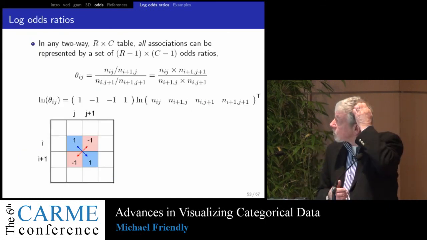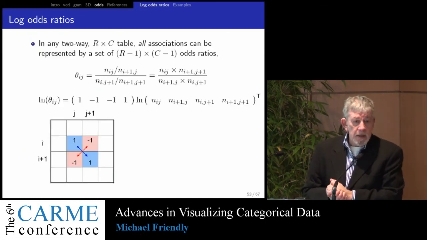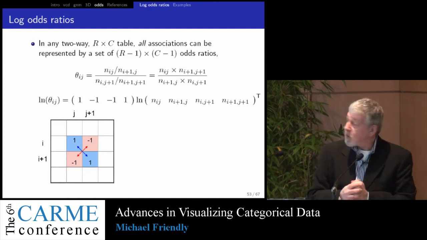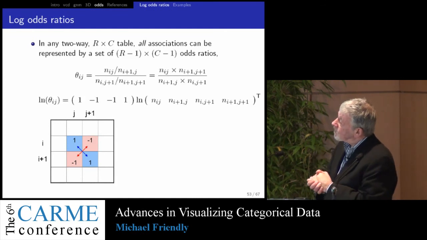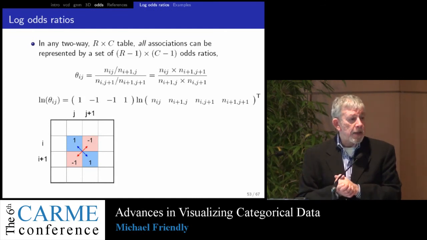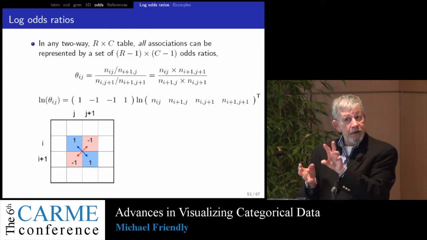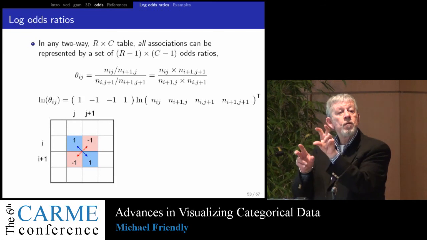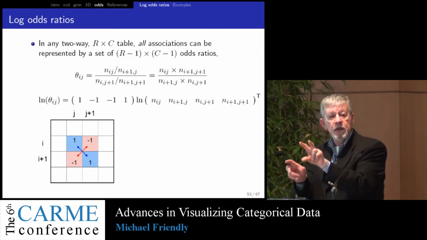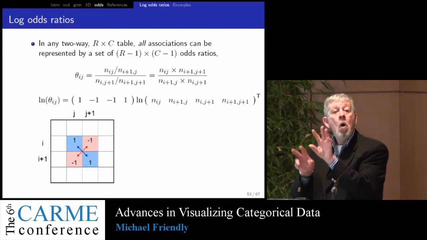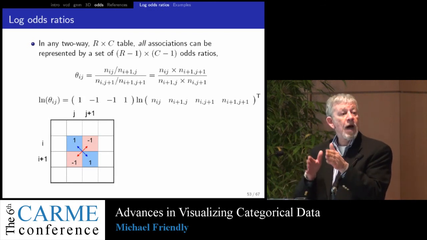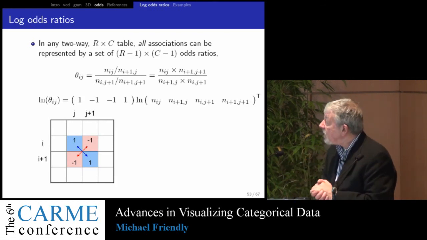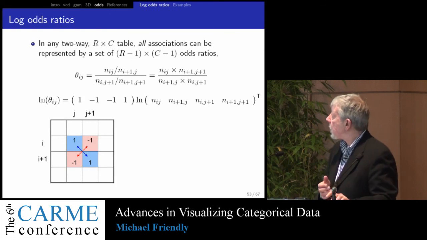So an odds ratio is a ratio of two odds, and in terms of a two-way table, that is an R by C table, we can calculate the odds ratios for adjacent sets of categories. All R minus 1 times C minus 1 adjacent sets of categories.